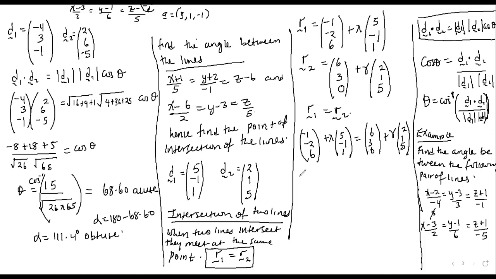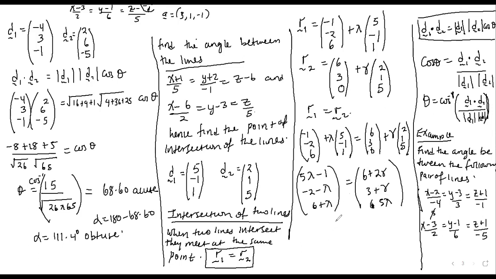Therefore, you will get 5 lambda minus 1, -2 minus lambda, and 6 plus lambda is equal to 6 plus 2 gamma, then 3 plus gamma, and then 0 plus 5 gamma.